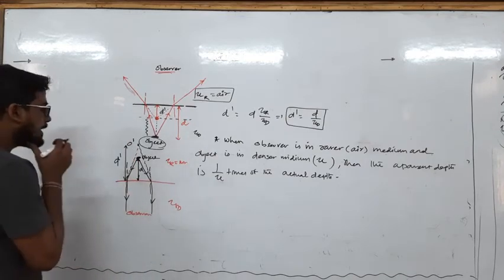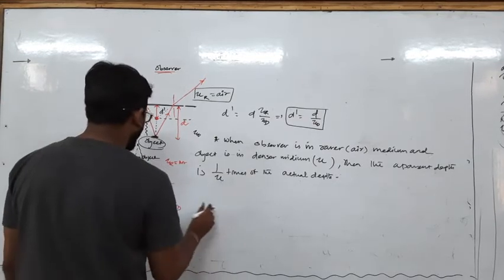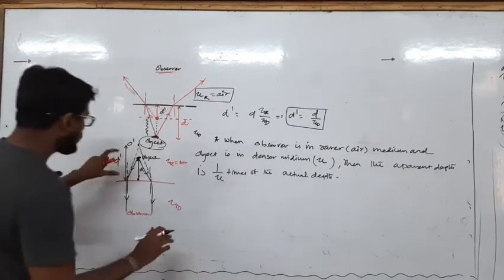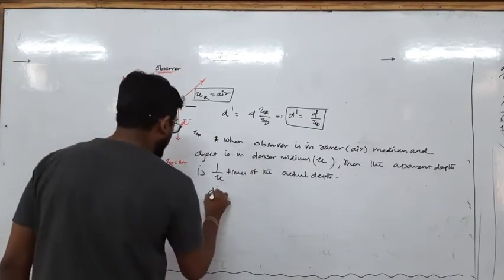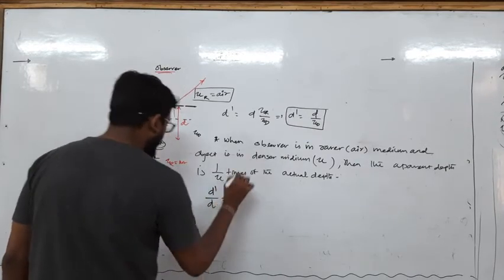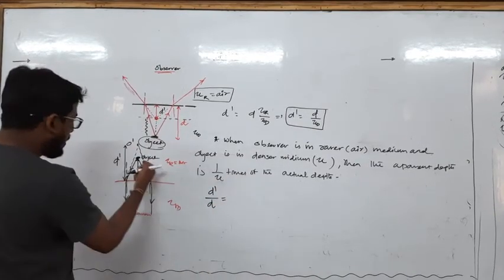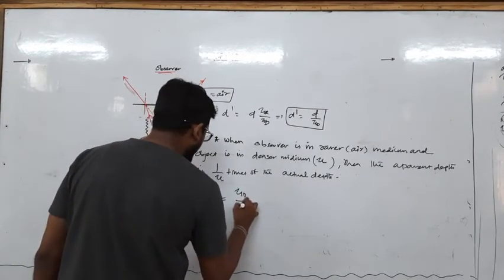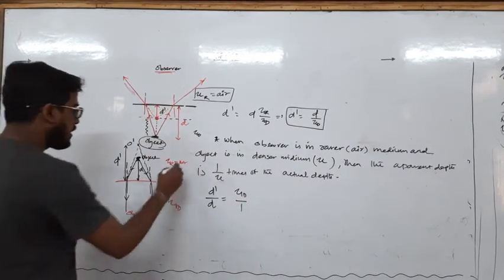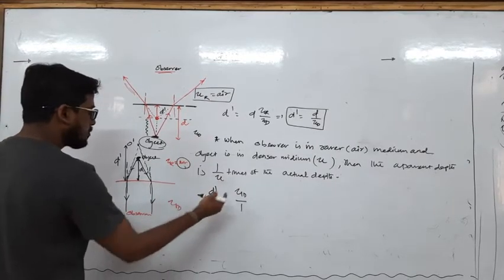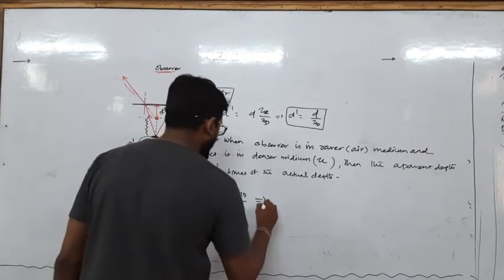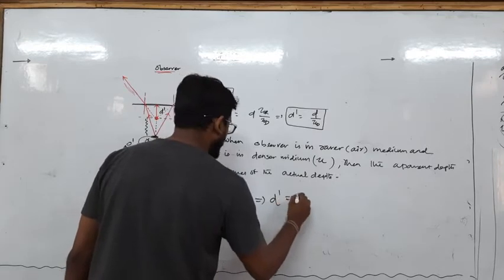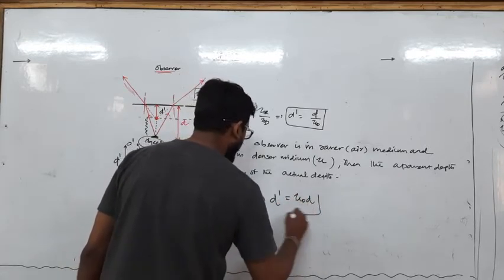So now what will d dash be? See here, the apparent depth d dash will be how much? I can write d dash by d equal to, light travels from rarer to denser, so mu d by 1, because rarer is taken as AR. So the apparent depth d dash will be mu d into d.